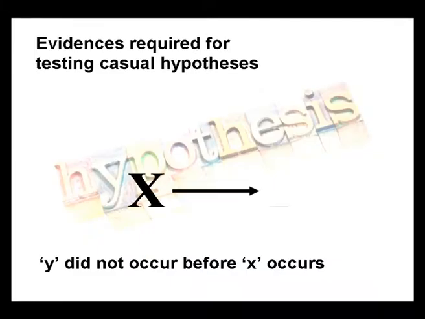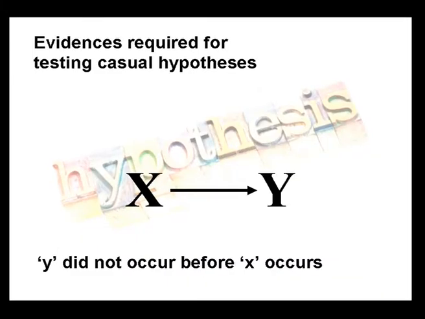The second one is that y did not occur before x occurs. Since we are choosing two groups and apply a variable, we have to ascertain its effect on one group. This being the case, the differences in these two groups after exposure of one of them to x can be said to have decisively followed x.